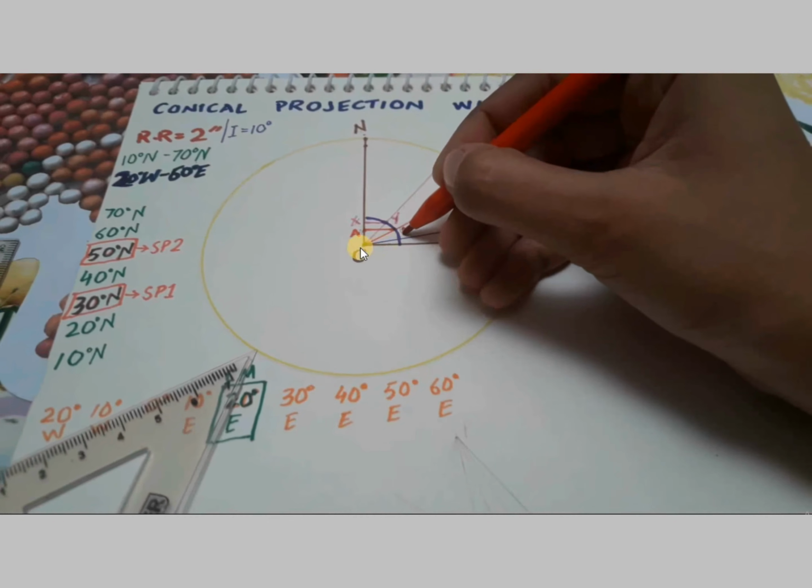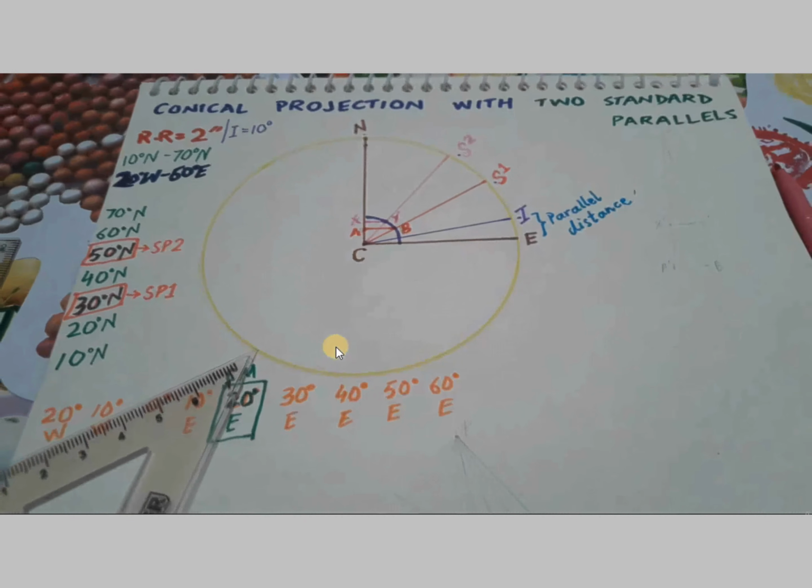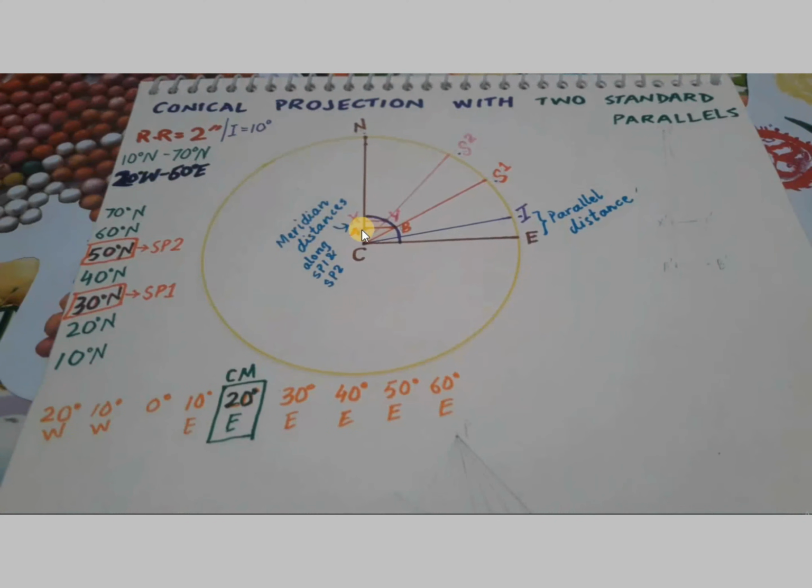Then we will name the second one as A and B. So this orange line AB is perpendicular to this CN line, and AB is meeting the little quadrant and standard parallel 1, while this pink line XY is perpendicular to CN, and this line is meeting the little quadrant with standard parallel 2. So here you can see the new labels.